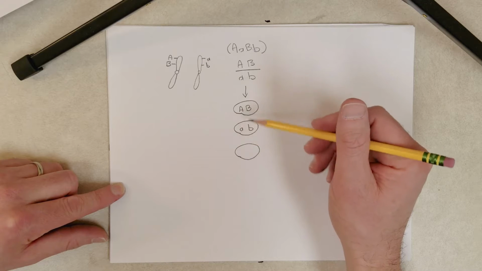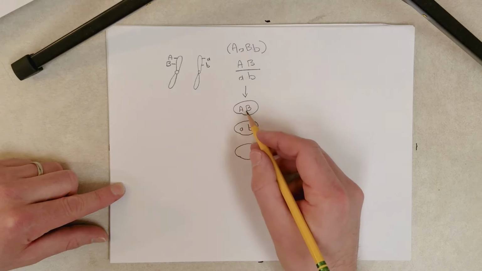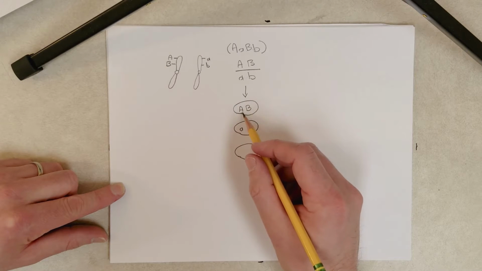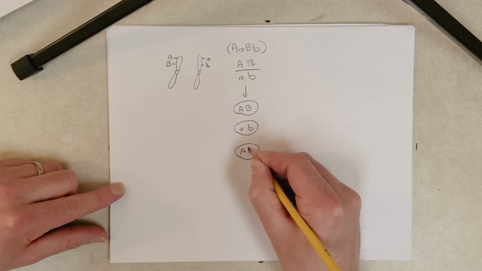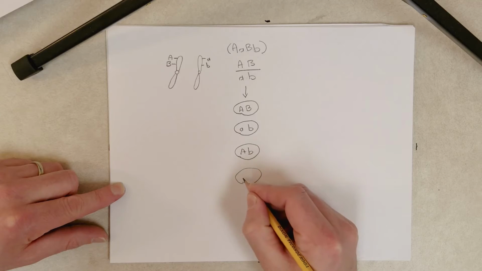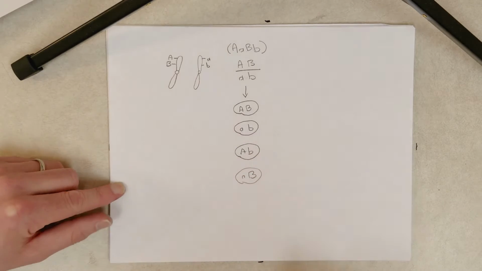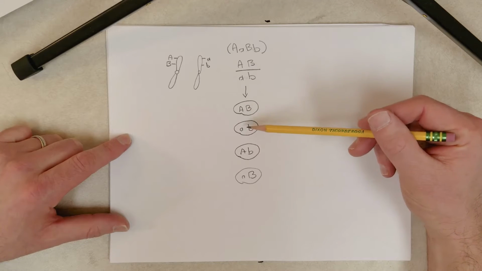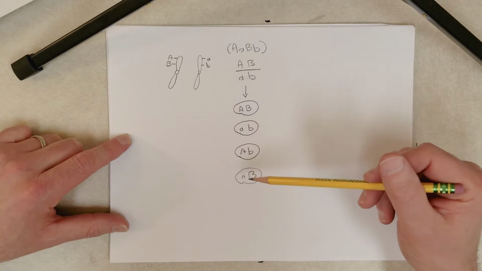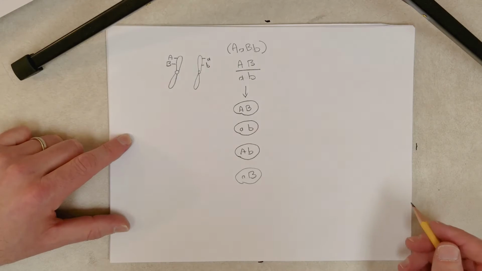We can get 4 types of genetically distinct gametes here. So we have big A big B, little a little b, big A little b, and little a big B.